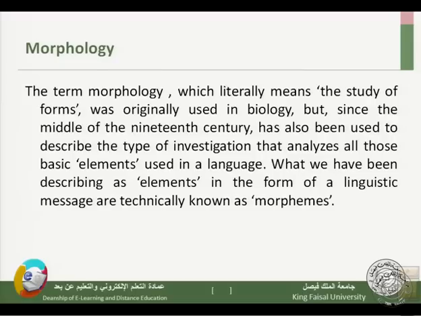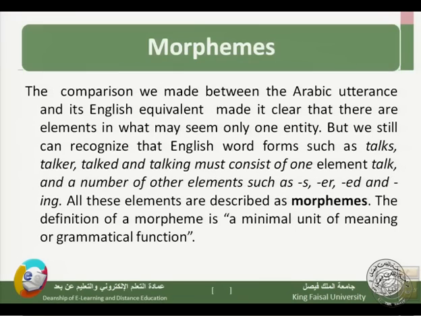What we have been describing as elements in the form of a linguistic message are technically known as morphemes. So what are morphemes? Morphemes are all the elements that constituted the example we were talking about: sa, a, naqada, ka.